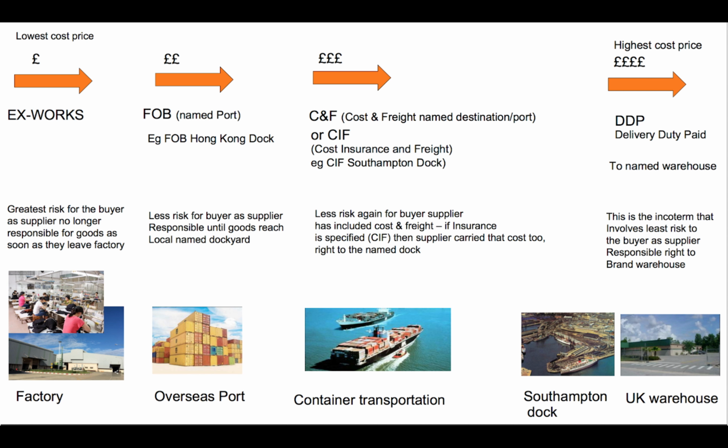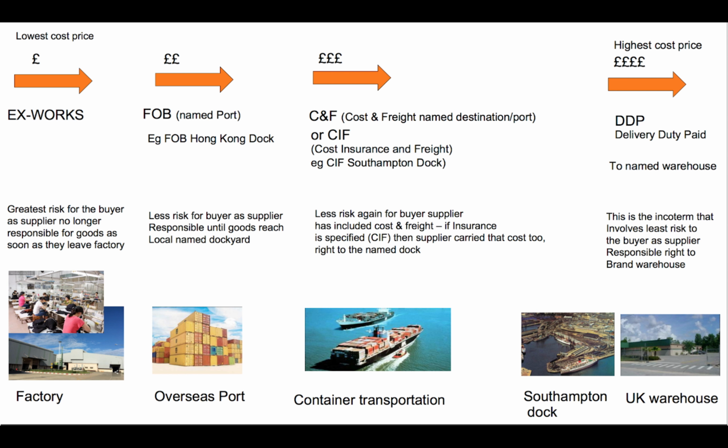So actually, if you think about it, the garment manufacturer, let's say in Bangladesh, is responsible for getting the goods to the dock, then getting them from the dock in Bangladesh across the sea, shipping them into Southampton dock, and the insurance that it costs to get them there. At that point, when they arrive in Southampton, they are then you, the buyer's responsibility.